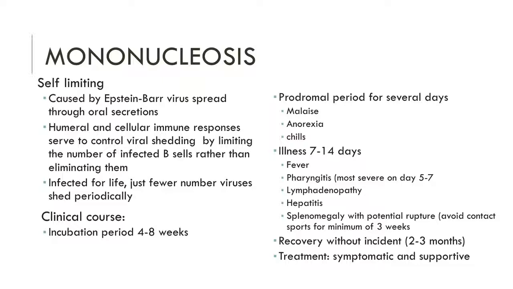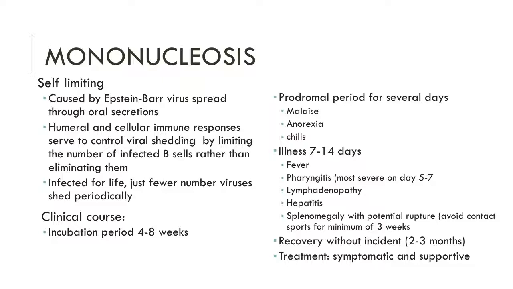One of the biggest parts of it is splenomegaly, which is caused by the white cells being entrapped in the spleen. And although your book talked about it as though it was no big deal, the big concern that we have with mononucleosis is the potential for the spleen to rupture.